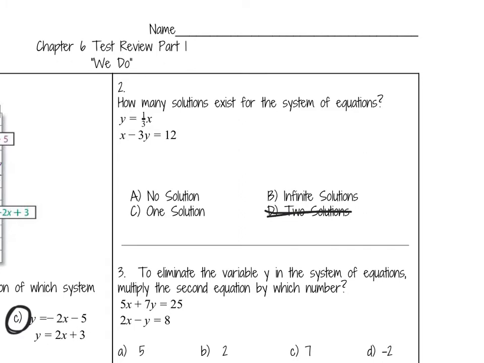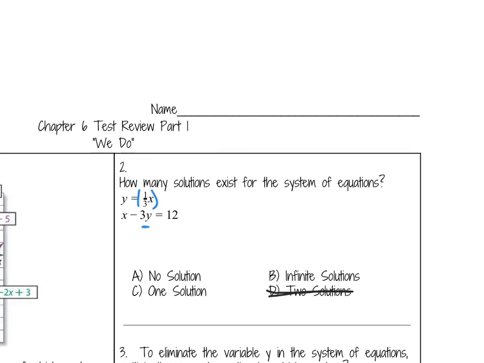So the first step here then is to start doing some substitution. And so what I'm going to wind up doing here is taking this 1/3 x and putting that in there for y. And so when I go to write a new equation, I write the following.